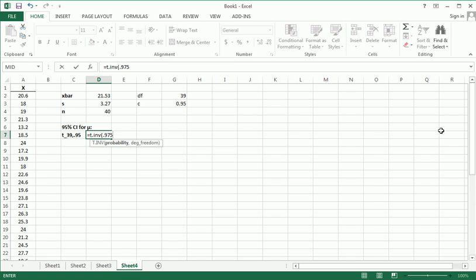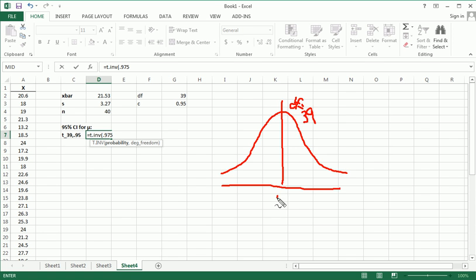Okay, and let me actually draw this. Here's the t distribution, let's say with 39 degrees of freedom, centered at 0. I want a 95% confidence interval, so I want the middle 95%.